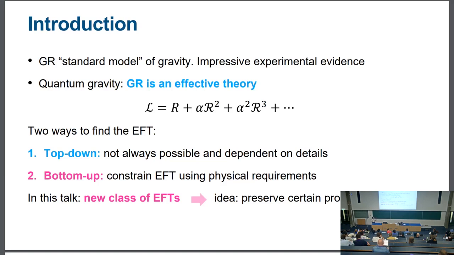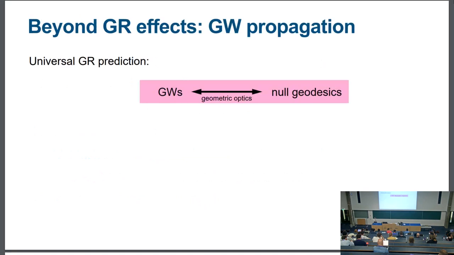I'm going to present to you a new class of effective field theories. The overall idea of these new EFTs is that there are certain properties of general relativity that are typically broken when you go beyond GR. But in this case, we want a class of effective field theories that preserve these properties. In order to tell you what these properties are, there are two of them, I will have to tell you a little bit about gravitational wave propagation.